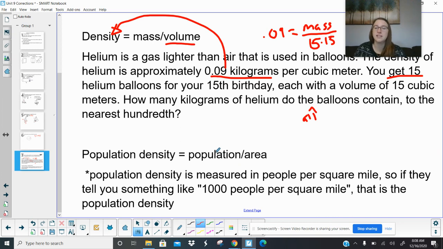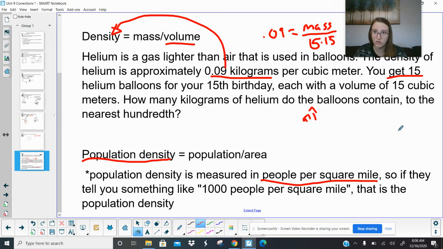Now, population density, with this question, guys, this is the formula. There were 2 about Phoenix, and how the question was phrased dictated what you needed to do. Population density is measured in people per square mile. If the question says something like, Phoenix has 1,000 people per square mile, that is the population density, and that would get plugged in here.